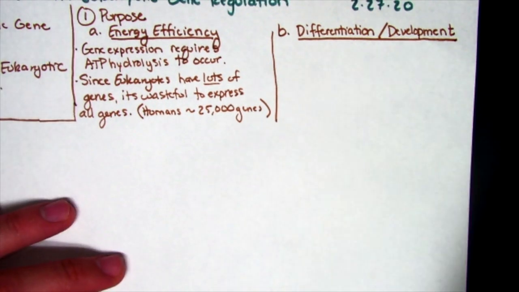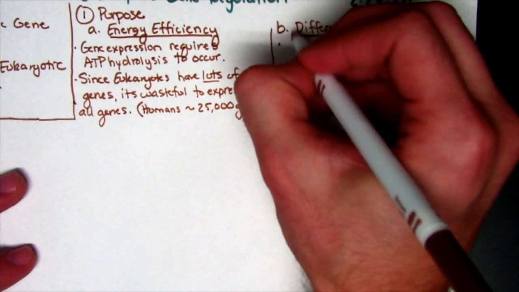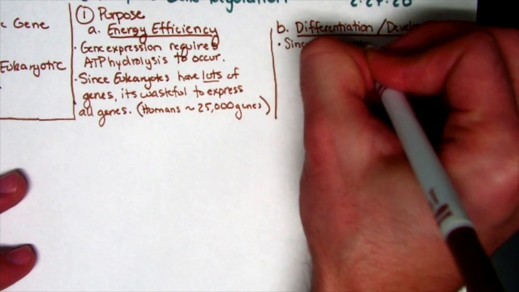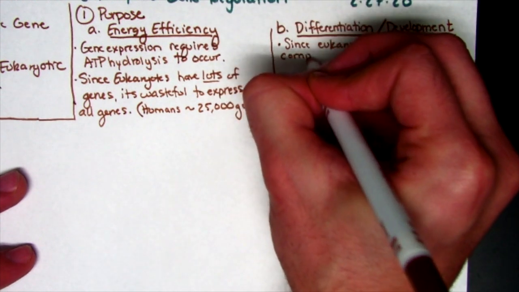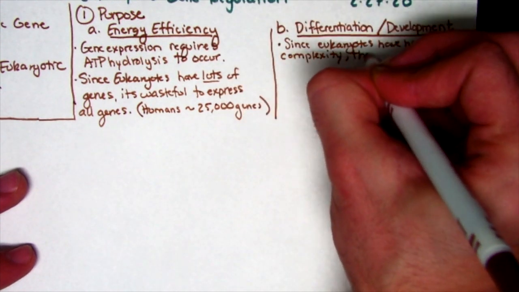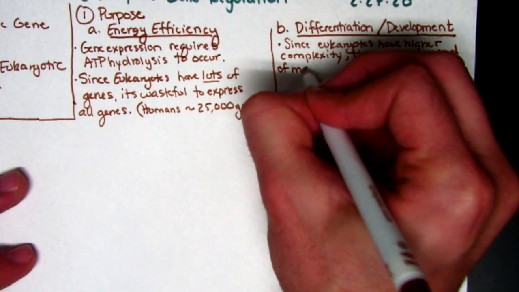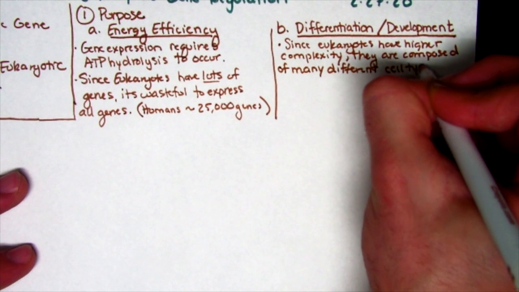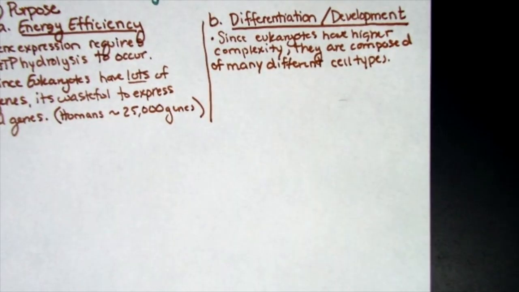Differentiation and development kind of go hand in hand, because since eukaryotes have higher complexity, they are composed of many different cell types. Like a muscle cell, a nerve cell, a skin cell, that's what allows for this complexity.